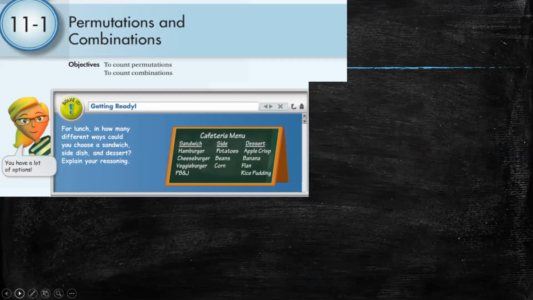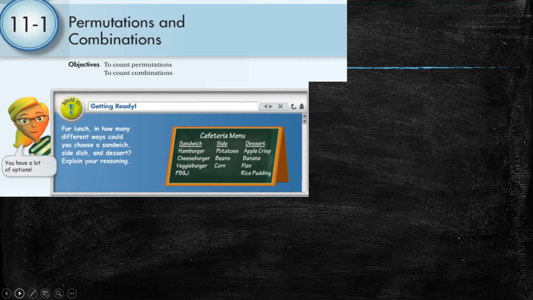For the side, you can take potatoes, beans, or corn. For dessert, you can take apple crisp, banana, flan, and rice pudding. I want you now to choose one from the sandwich, one from the side, and one from the dessert.